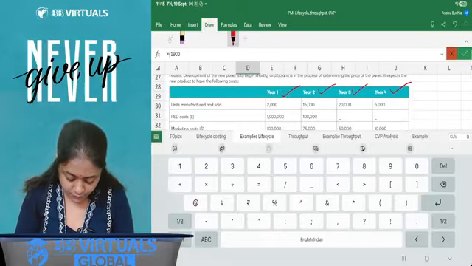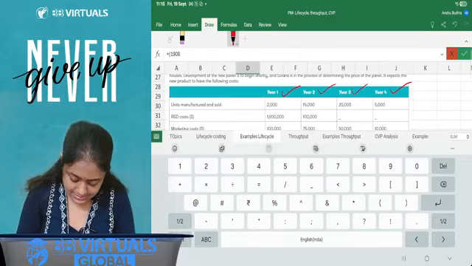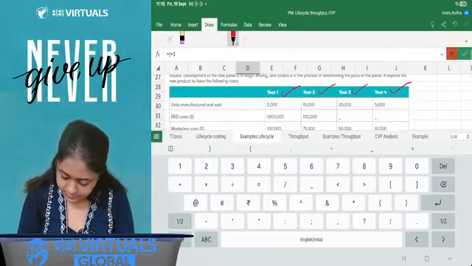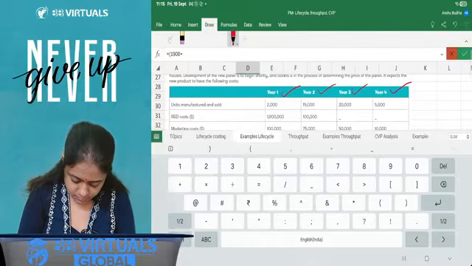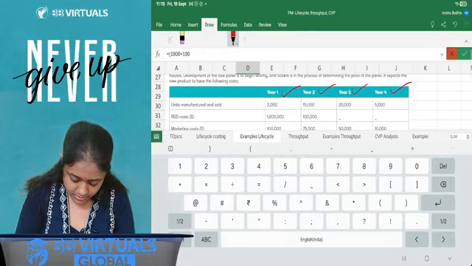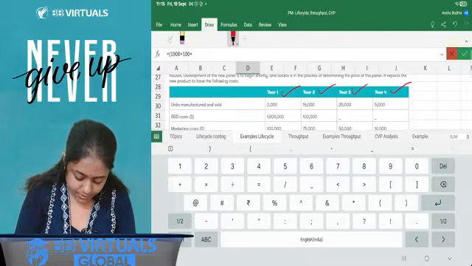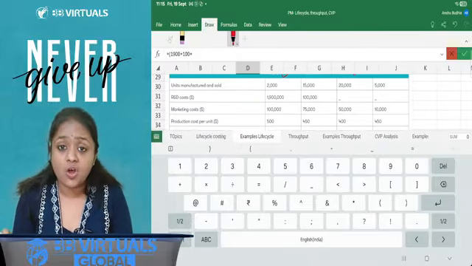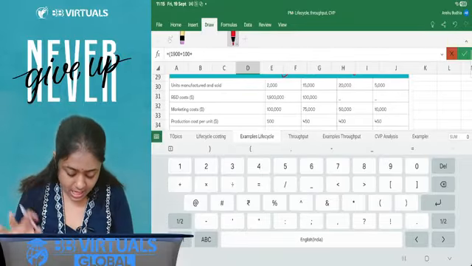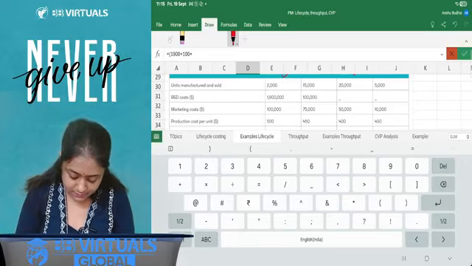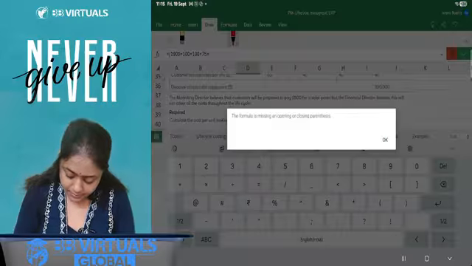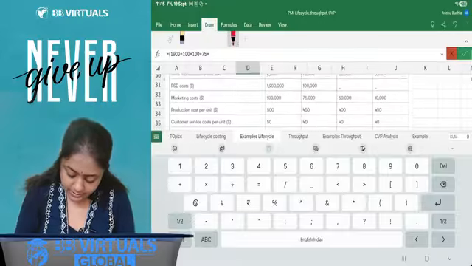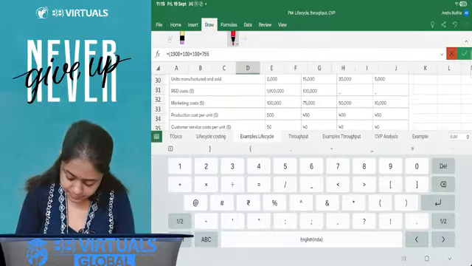Then I will add the cost of year 2, so I will do plus sign and write 100. Plus we will have the marketing cost, which is again 100. Marketing cost for year 2 is 75. So quickly keep on adding 100, 75, 50, 50 and 10.